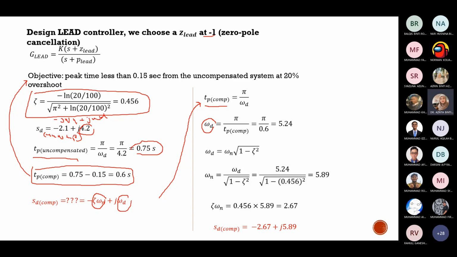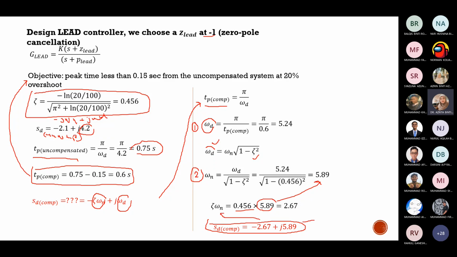And then we can evaluate the value of omega n, since we have the value of omega d and also the value of zeta from the percentage of overshoot. And lastly, we need to find the zeta omega n, using the value of omega n that we already calculated here. So we get 2.67. Therefore, the s_d compensator is given by minus 2.67 zeta omega n plus j omega d.